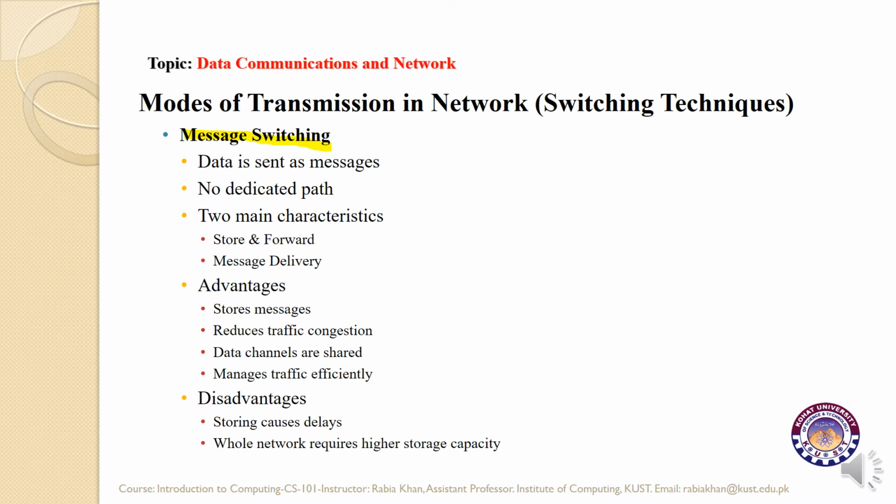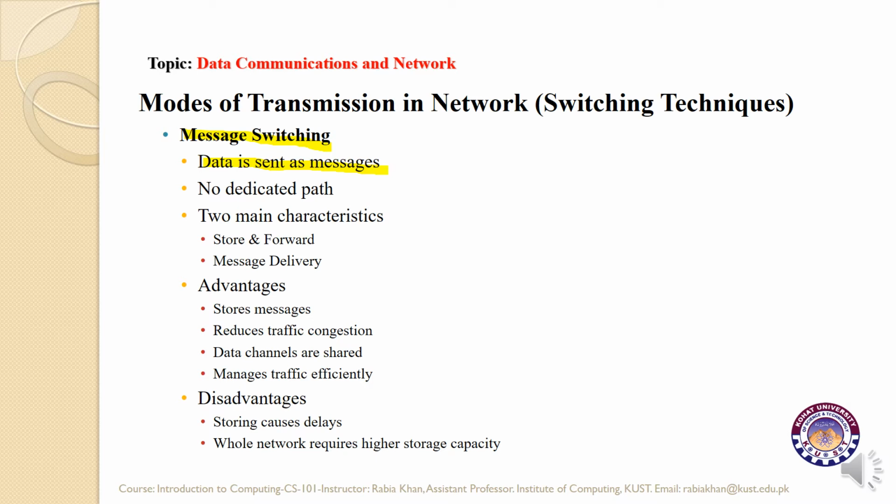In message switching, the end users transmit data in the form of messages. So data is sent in the shape of messages, which consist of the entire data that is required to be shared. What is a message? A message is mainly the smallest individual unit of data.